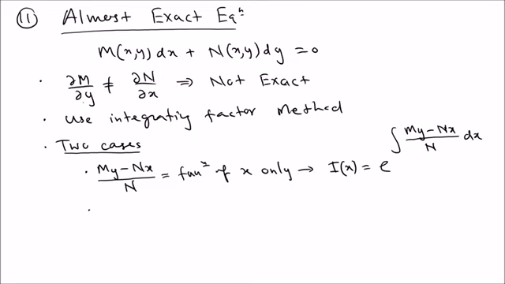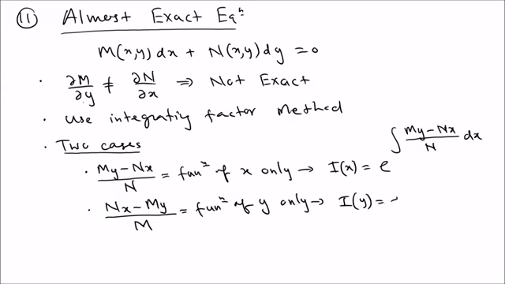The other case is (Nx minus My) over M. If this is a function of y only, then you're going to calculate the integrating factor I(y), which is e to the integral of (Nx minus My) over M dy.